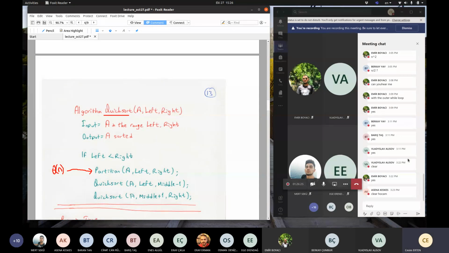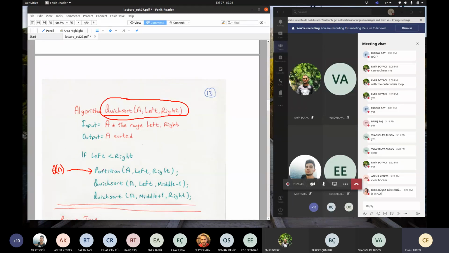Any guesses from anyone? N divided by 2. Beril, we are talking about the whole running time of the quicksort algorithm.